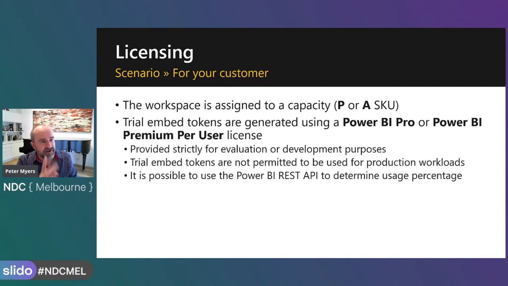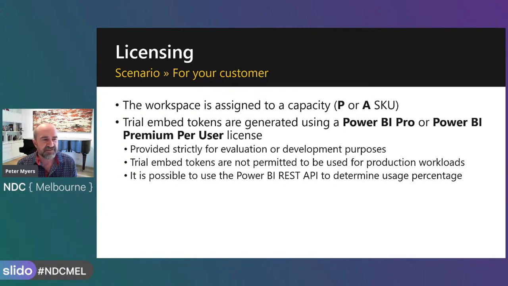Now, when embedding for your customers, there are two options: you can purchase what's known as a P SKU or an A SKU. There's some good news for you as an app developer: if you want to trial or evaluate and you don't want to invest in buying any licenses, then every user in Power BI that has a Pro or a Premium per user license has a limited number of, what can we say, free tokens that can be generated.